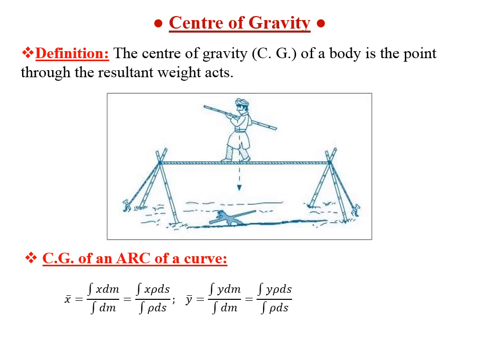So that is equal to integration x rho ds, where rho is the density, and ds is the elementary length that we are going to integrate for the complete arc length from C to D.